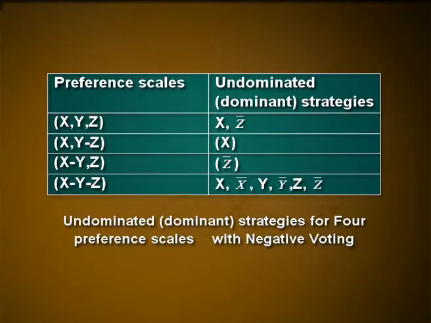This assumption ensures that for a voter with preference scale XYZ or x minus y minus z, for example, it is always true that the pair XZ in the case of the former, x minus z in the case of the latter. For 2 of the 4 preference scales in table 3, x y minus z and x minus y z, there is only one undominated strategy of a voter.